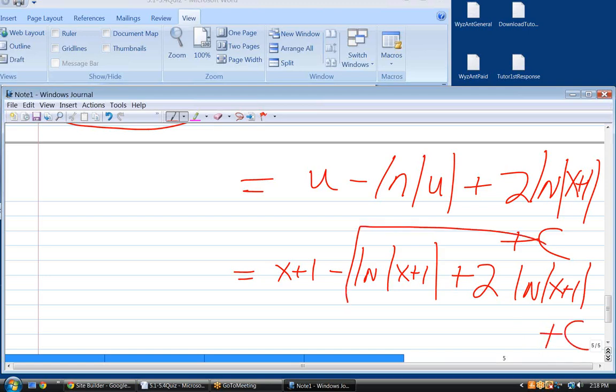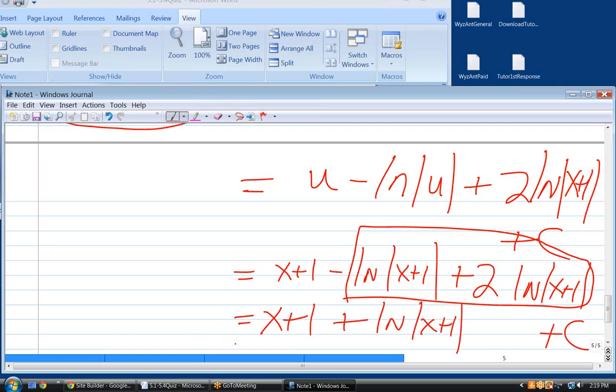Well, I can actually combine those two things. If I have a minus natural log and a plus 2 natural log, that combines to x plus 1 plus natural log of x plus 1 plus c.